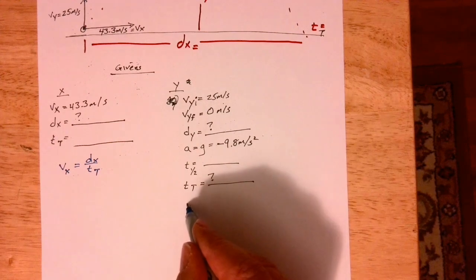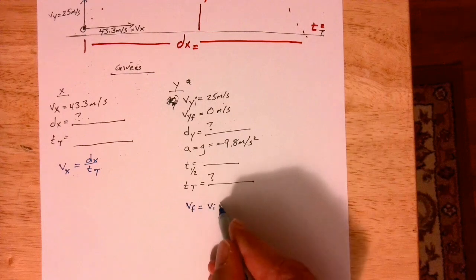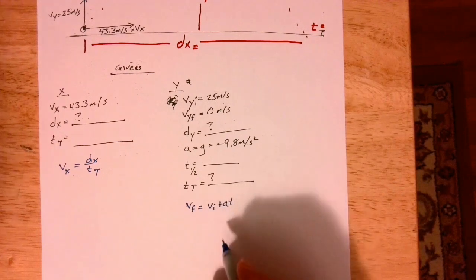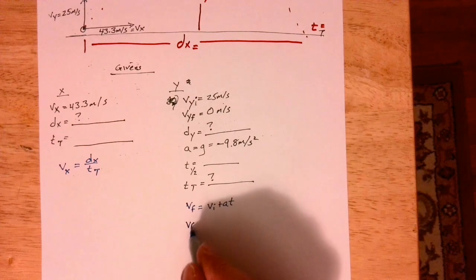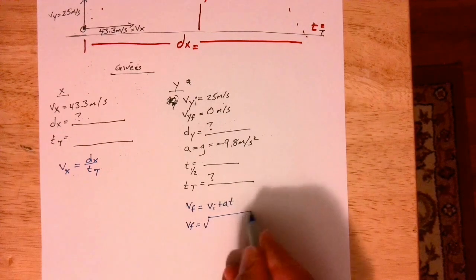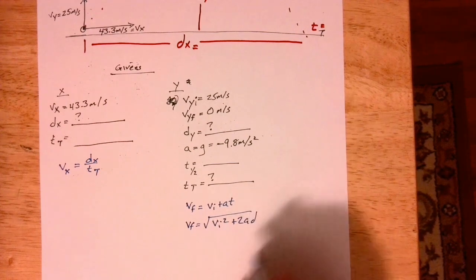One of them is Vf is equal to Vi plus At. The other possible form you could be using is Vf is equal to the square root of Vi squared plus 2Ad.